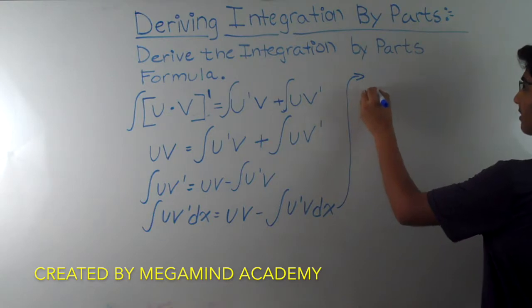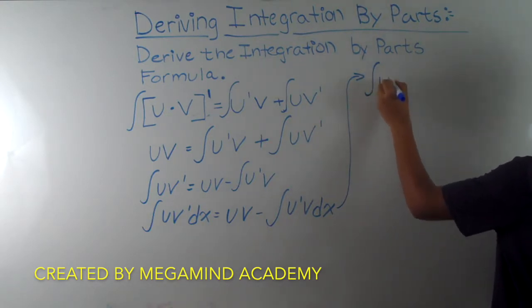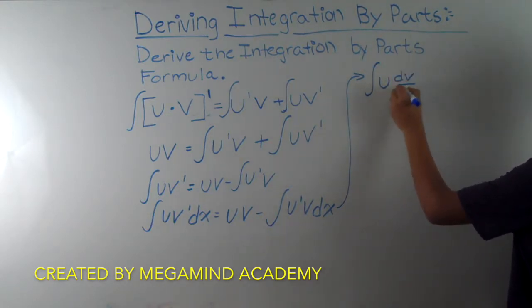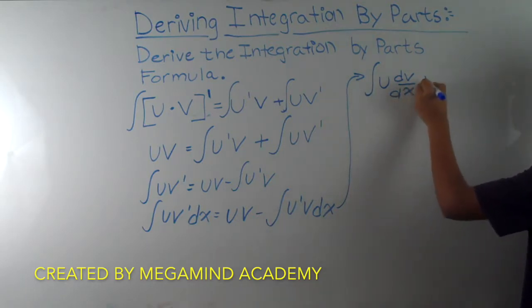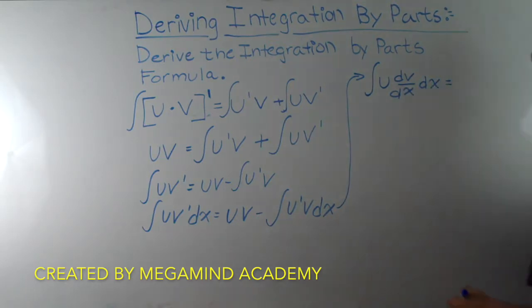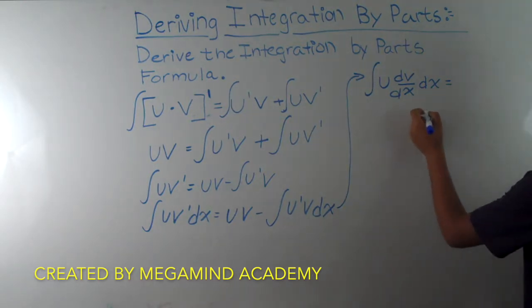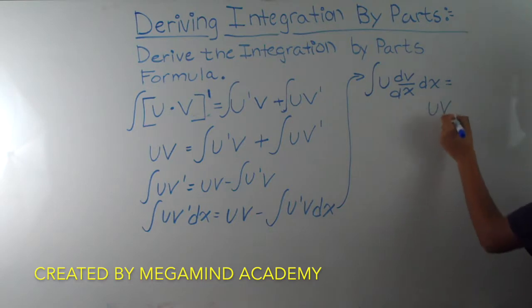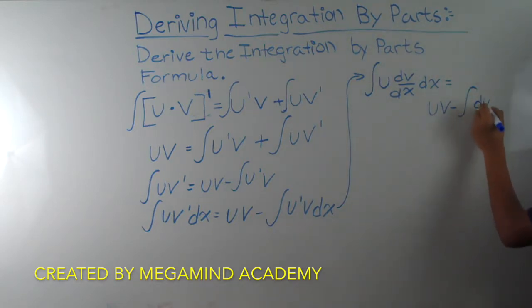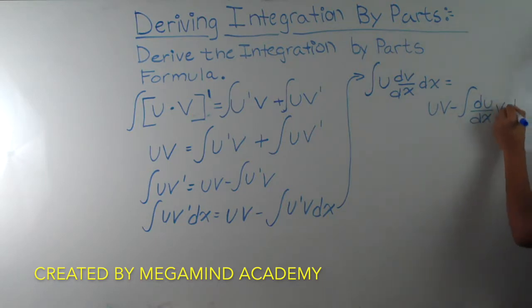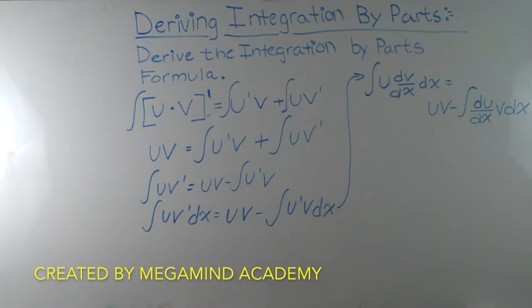So we get the integral of u times dv/dx times dx is equal to u times v minus the integral of du/dx times v times dx. So take a moment to see how we got there.